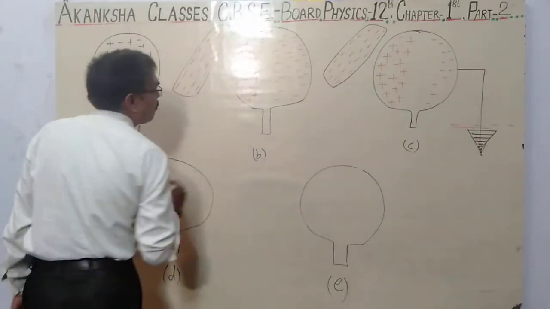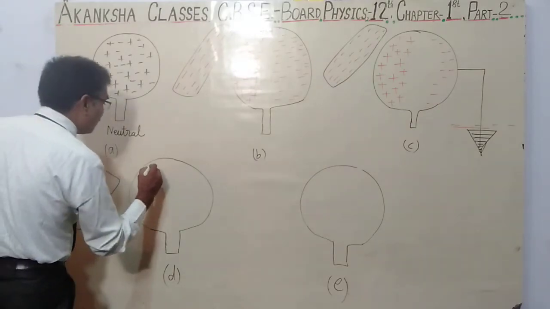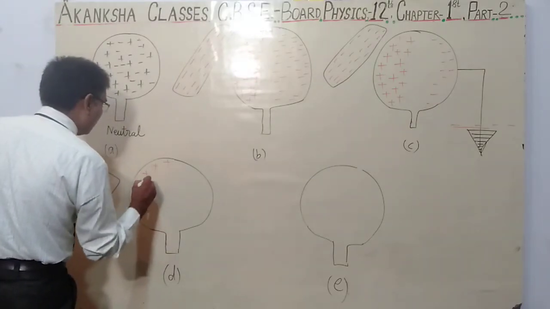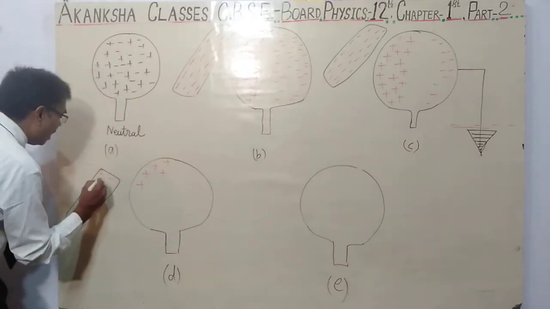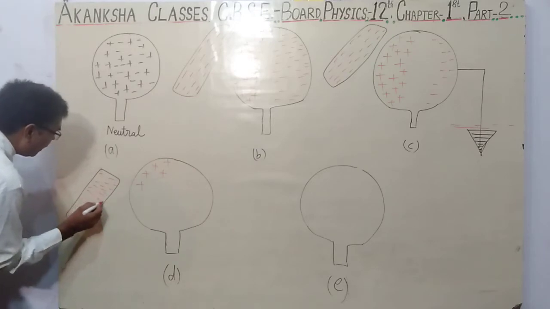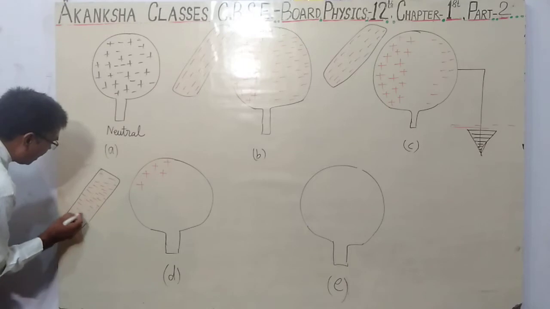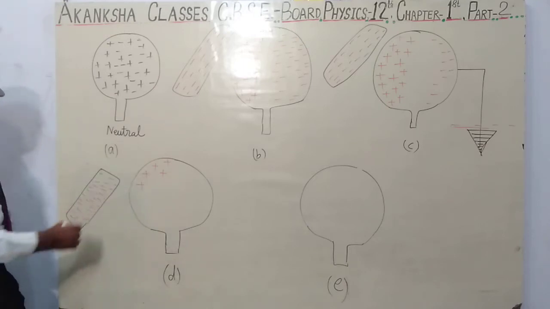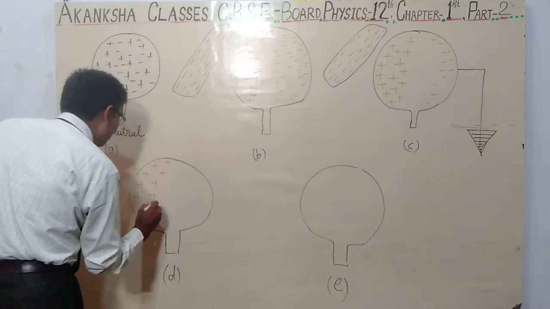Now just imagine what will happen if this negative charge object is removed, brought away from the metallic sphere.